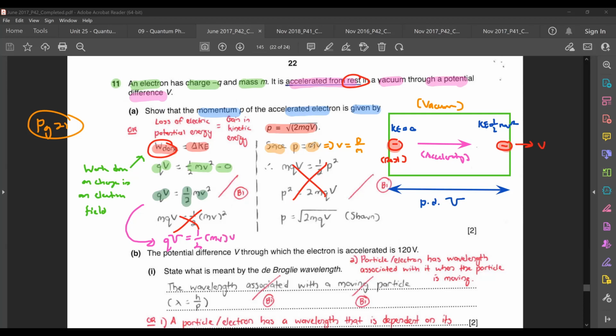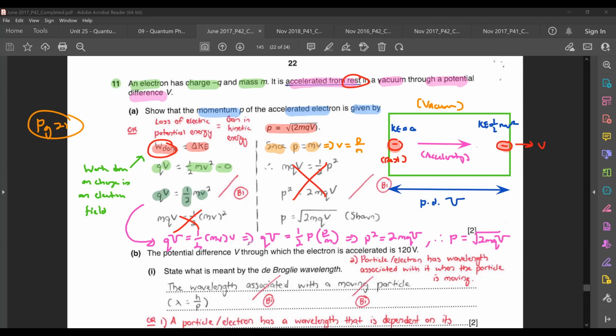And then since p is equal to mv and v is equal to p over m, you can subsequently say QV equals half p times p over m. Then after that, eventually you will get p squared equals 2mqV. Therefore, p is equal to the square root of 2mqV.